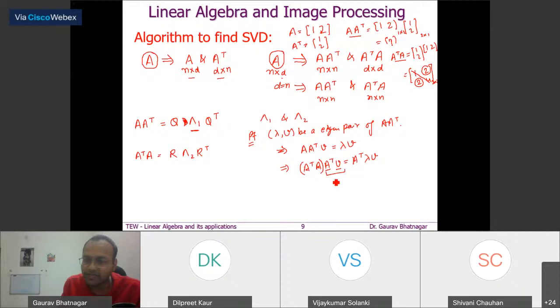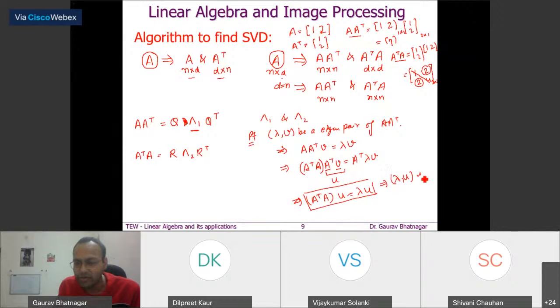Let's say this is some U, so you get A transpose A U is equal to, again look at it, this is a scalar and this is a matrix, so I can interchange their positions, lambda U. And this essentially shows that lambda, U is an eigenpair of A transpose A.